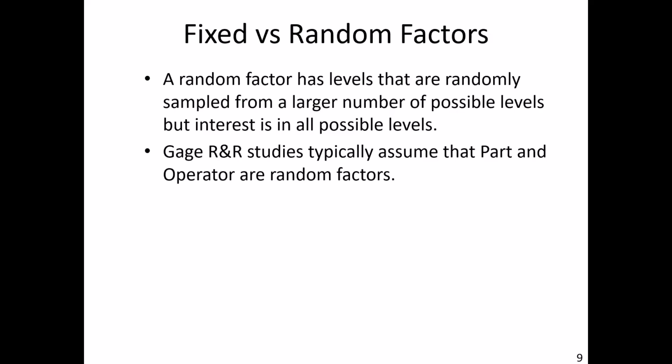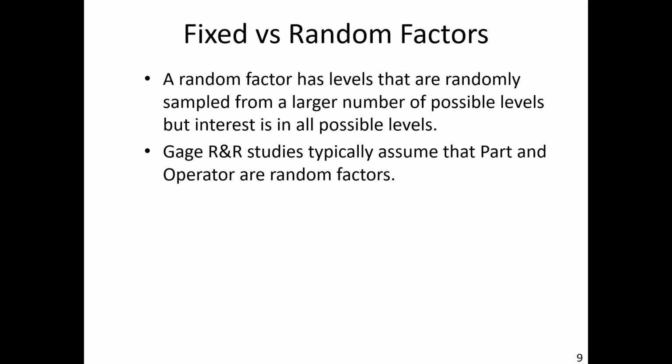possible levels. So, for example, in a gauge R&R study, you have part and operator. Well, part and operator are random factors. That is, you are taking a random sample of operators and you're taking a random sample of parts. Okay? If you only have 3 operators in the plant, then that would be a fixed factor.